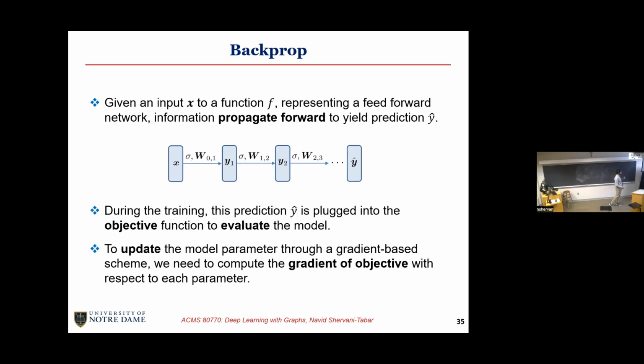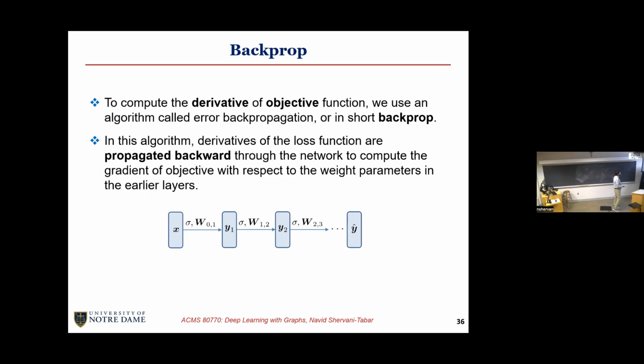Now we basically get our prediction. Using this prediction, we compute our loss function. And now, based off of this loss function, we want to find gradients with respect to all these parameters. So what gradient-based backpropagation does is to get this loss function, it propagates it backward through the network that we have, and it computes the derivatives of the loss function with respect to model parameters.